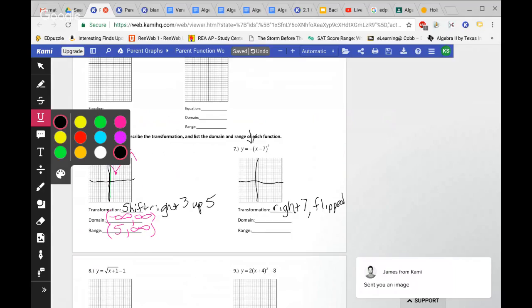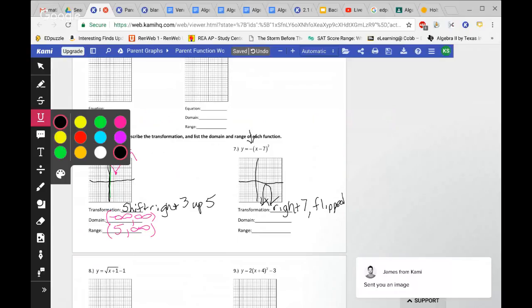So if it's shifting right 7, I'm going to go over, and once again, it's probably not going to be real accurate because these graphs are teeny tiny and hard for an elderly woman to see. But for the domain, those rays are going to extend on forever and get wider and wider.